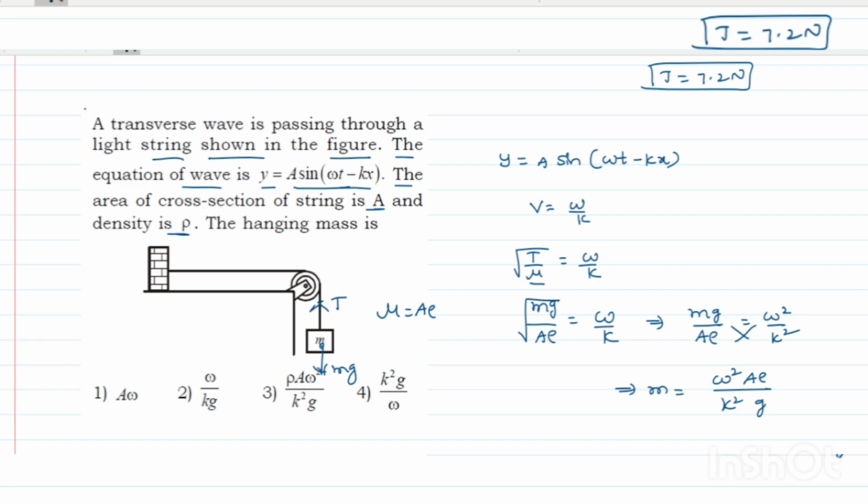So a into rho into omega square by k square into g is the hanging mass. So k square into g is in the denominator, and omega square and a into rho are in the numerator. The third one is the correct answer.